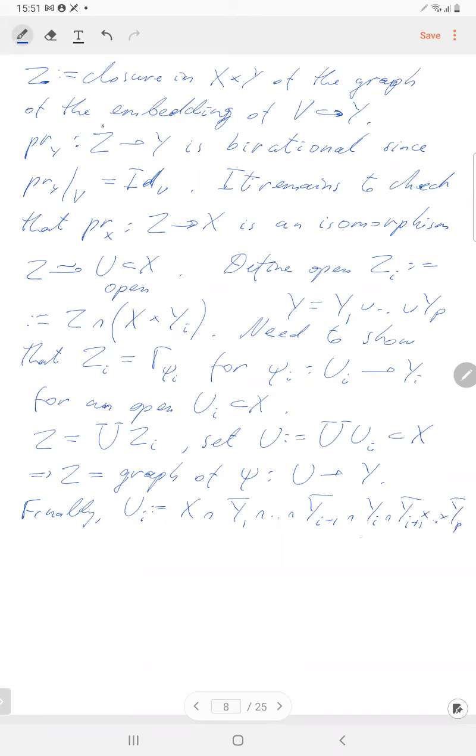Okay, so at the i-th place you don't take closure. That's it, and the morphism psi_i is just taking the i-th coordinate, so to say.